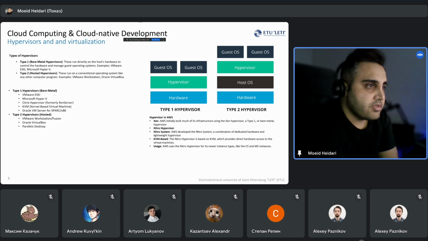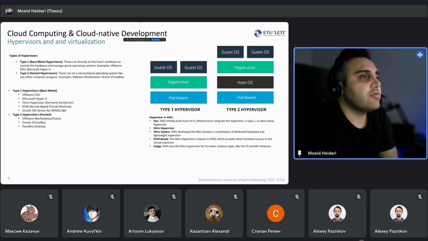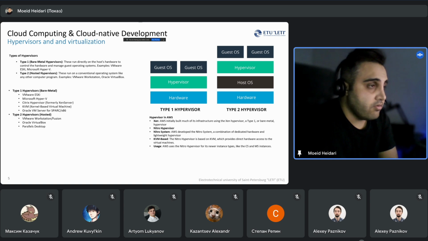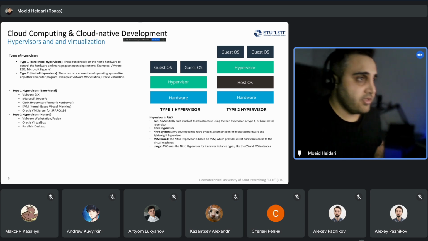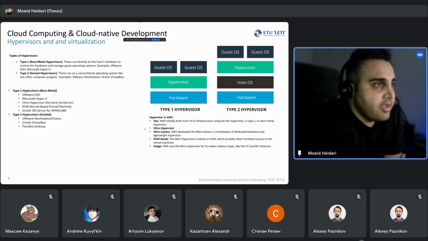And the hypervisors that AWS is using in the underlying infrastructure: in the beginning they were using Xen as the hypervisor infrastructure, but after that they tried to create their own hypervisor system, and the whole cloud computing platform underneath is being developed by the AWS team.